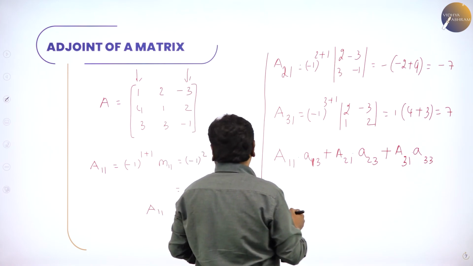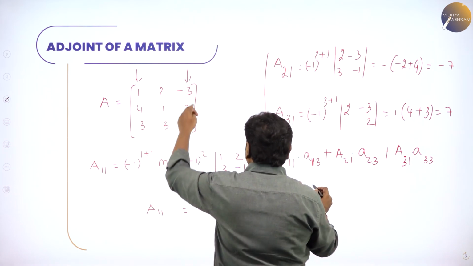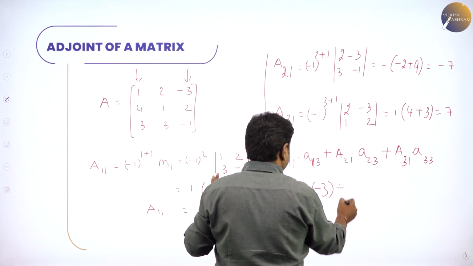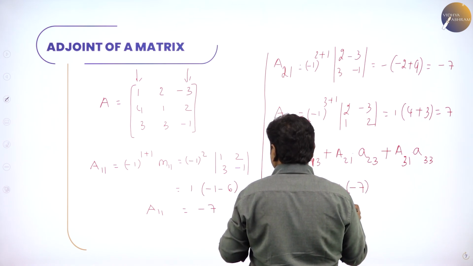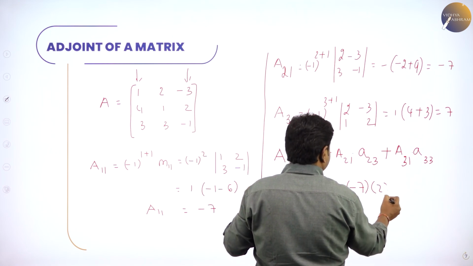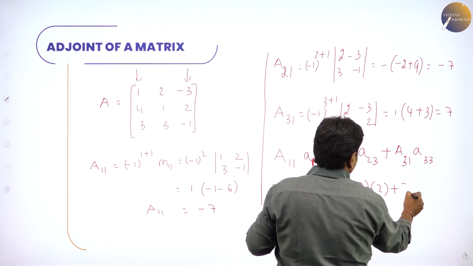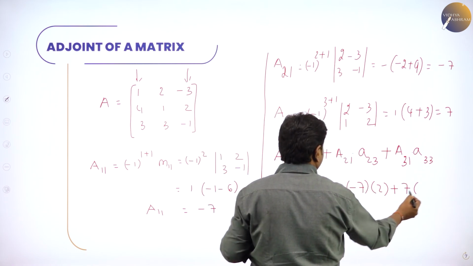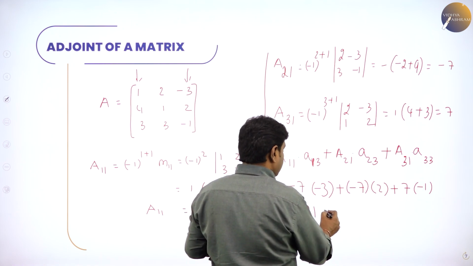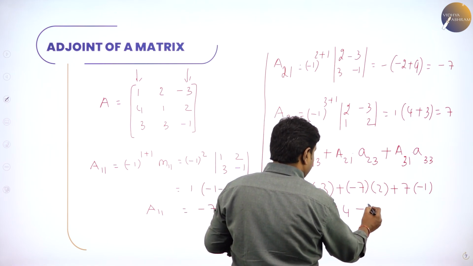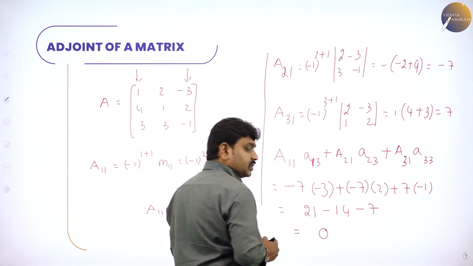A11 is minus 7 into minus 3, plus A21, which is minus 7, into A23, which is 2, plus A31, which is 7, into A33, which is minus 1. Simplifying, 21 minus 14 minus 7 becomes 0.